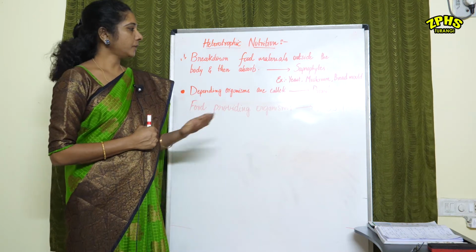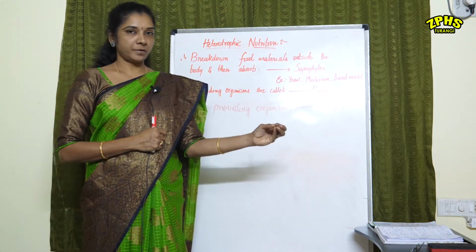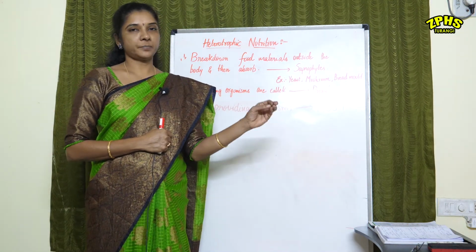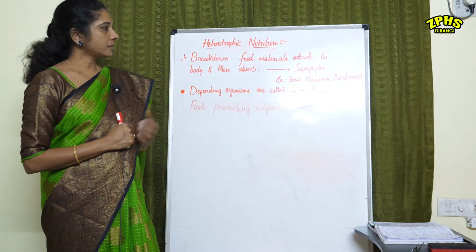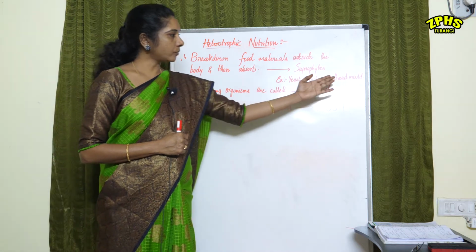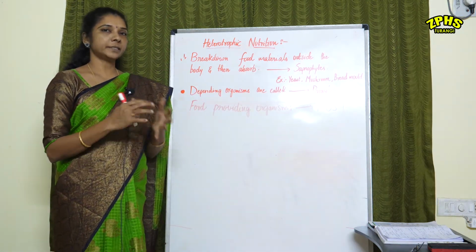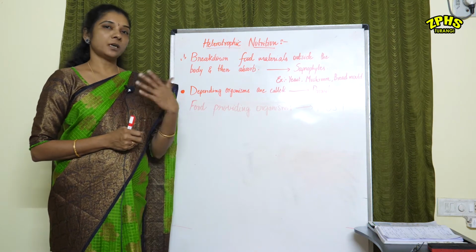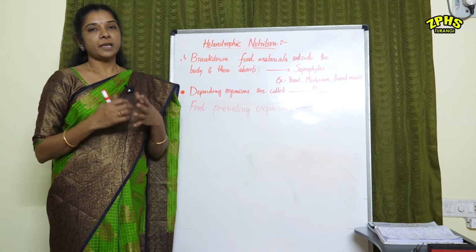In the same way, the yeast or bread mold. Suppose if you keep a bread piece in an open area and sprinkle some water, you will observe some fungus on that. That is bread mold, and the scientific name is Rhizopus. So how do they take the food? They are taking the food from the waste material.